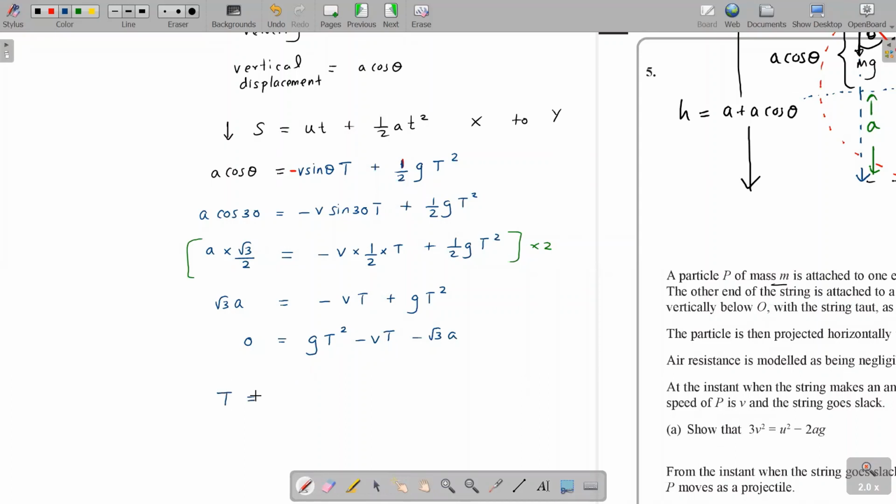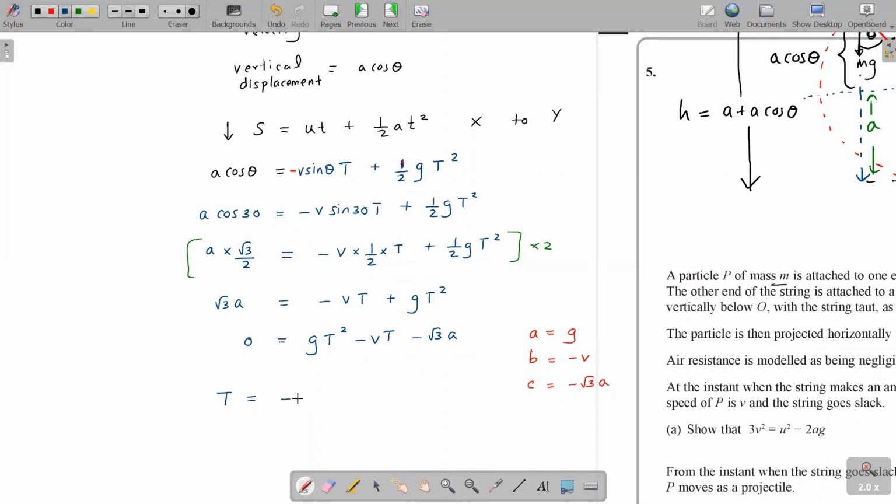Because it's a quadratic equation in T, it's T equals minus b plus or minus square root b square minus 4ac, divided by 2a. So what's our a value? a is the coefficient of T square, which is g. What is our b value? Coefficient of T, which is minus v. What is our c value? Minus root 3a.